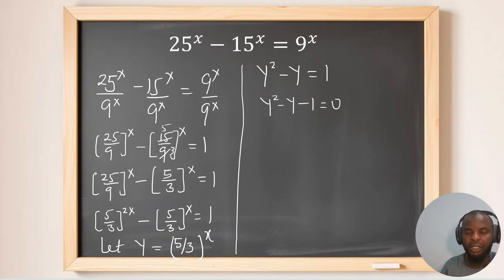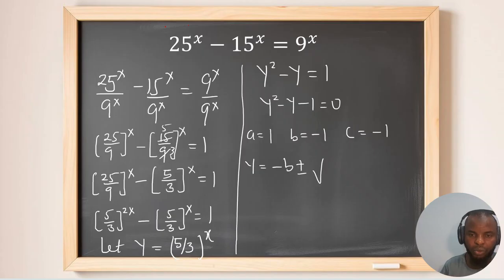Now we have to solve this. This is a quadratic equation, and by solving this, we can use the quadratic formula approach by saying let a, which is the coefficient of y squared, be equal to 1, b, which is the coefficient of variable y, be equal to negative 1, and c, which is the constant term, also be equal to negative 1. Now, using the quadratic formula, we're going to have y equals minus b plus or minus the square root of b squared minus 4ac, everything over 2a.